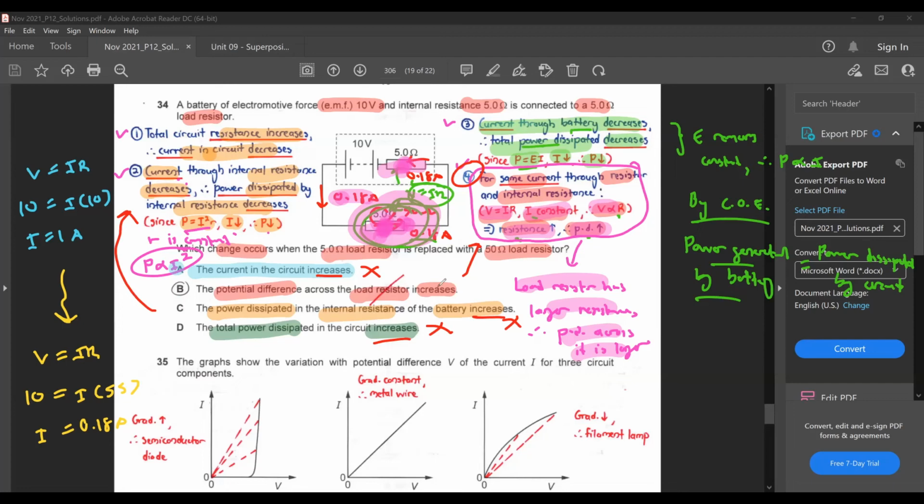That is point number 3 here, where I mentioned that if you use P equals EI and I drops, P will drop. We know that power generated by the battery is the power dissipated by the circuit. So since power generated by the battery is less, power dissipated in the circuit will also be less. So A is wrong, C is wrong, D is wrong, only B is correct.